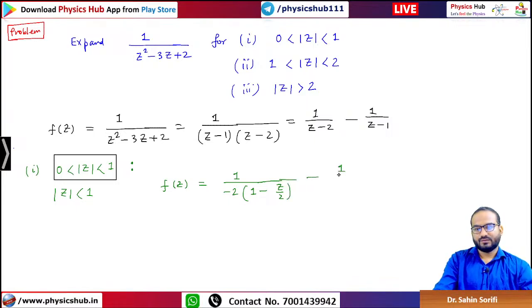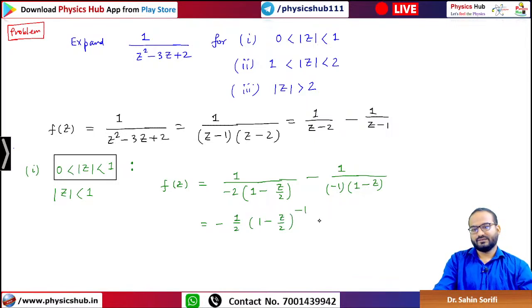Minus 1 by, here what you have to take common? Minus 1, right, 1 minus z. So if mod z less than 1, so z by 2 will be also less than 1. So minus half, 1 minus z by 2 inverse, plus 1 minus z inverse.